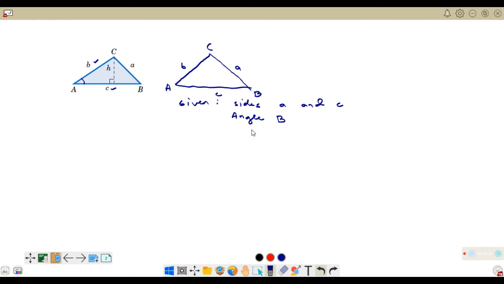Okay. So, ito daw ang given. Tapos ito, given din si A at saka si C. Hindi natin alam kung sino si B.